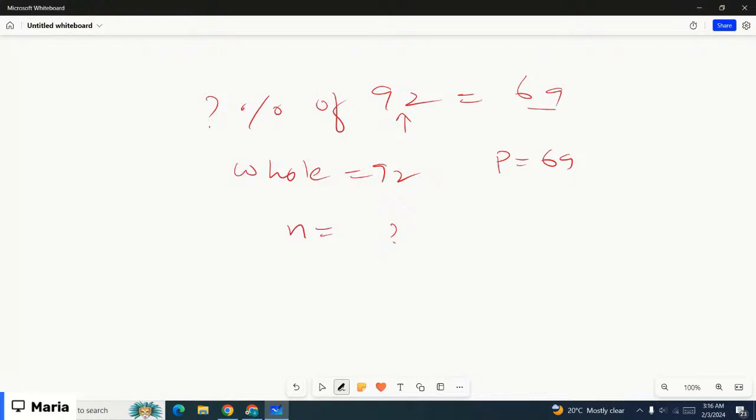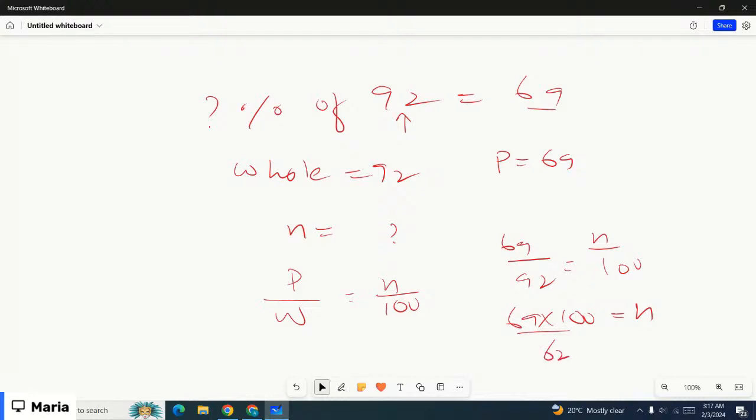So just use the values: part divided by whole equals n divided by 100. So part is 69, whole is 92, and n you have to find, divided by 100, right? Just cross multiply, move the 100 to the other side, so that is 69 times 100 over 92. So you need to calculate the value of n. So which is the correct option? Let me just multiply and divide.